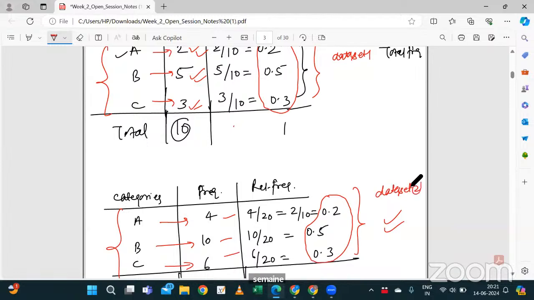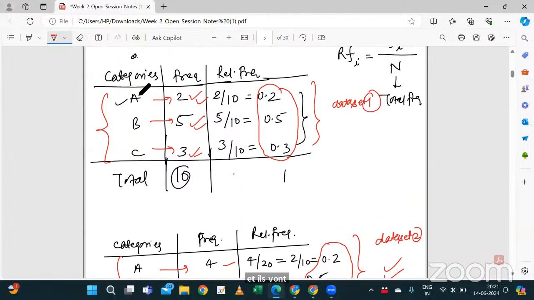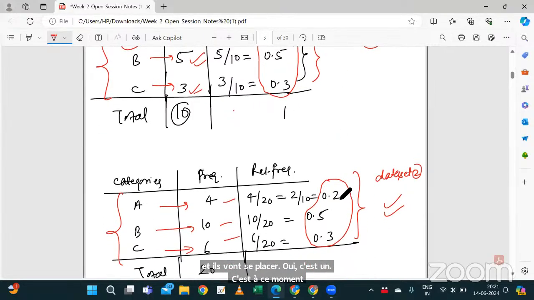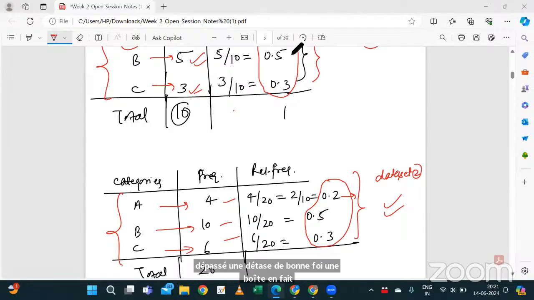You can simply say category A has a relative frequency of 20% in data set 1 and data set 2. I mean, in both data sets you got the same relative frequency. All right. Is it clear?